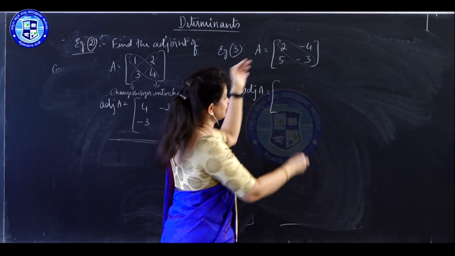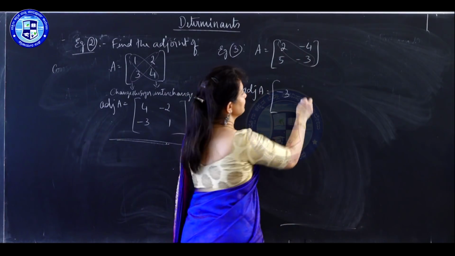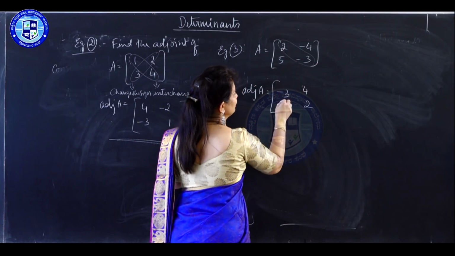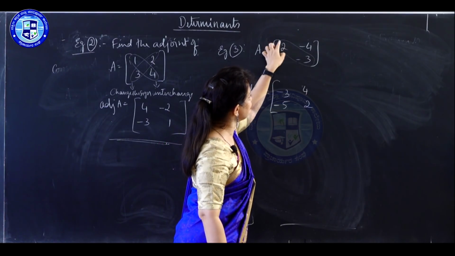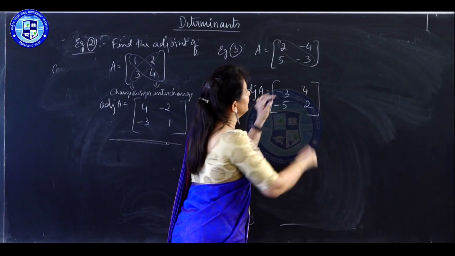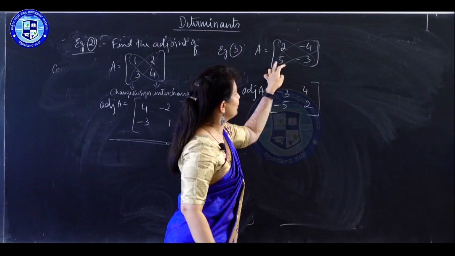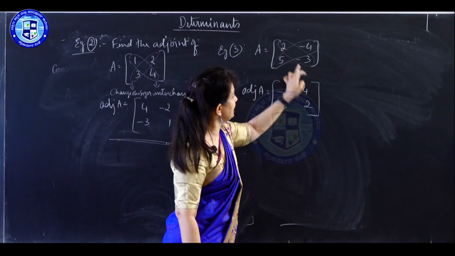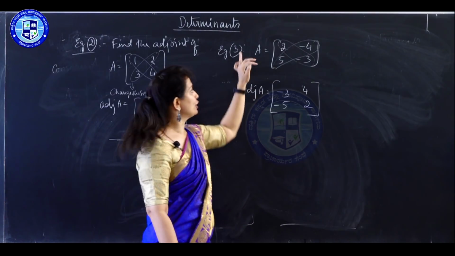Interchange the diagonal elements, minus 3, 2. Change the sign of the other two elements: minus 4 changes to plus 4, 5 changes to minus 5. So, interchanging the diagonal elements, we get minus 3 and 2. Changing the sign of the other two elements, we get plus 4 and minus 5. Minus 3, plus 4, minus 5, 2 is the adjoint of A.